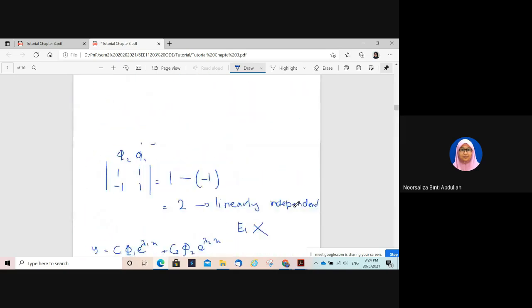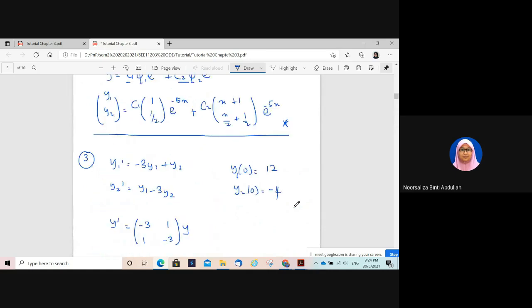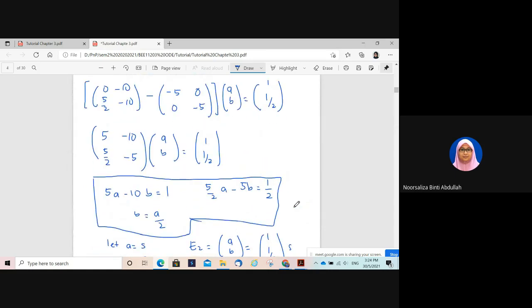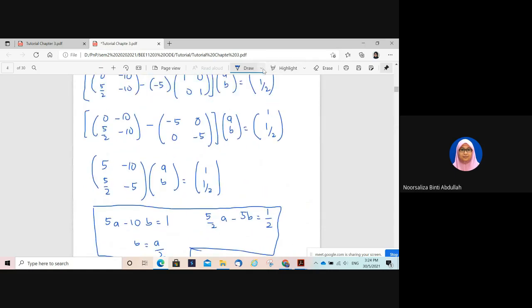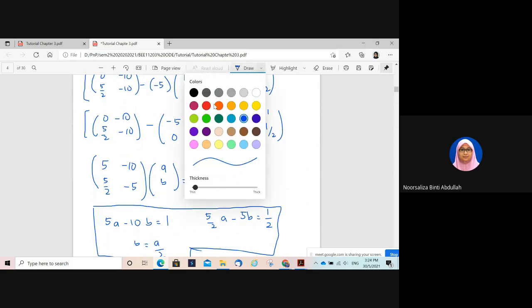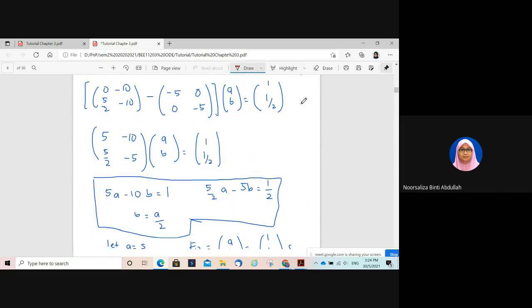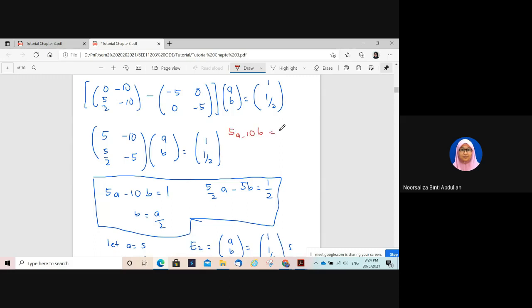Before I proceed, I have to correct this one first. By right, B is not equal to 1/2. You have 5A minus 10B equals to 1.